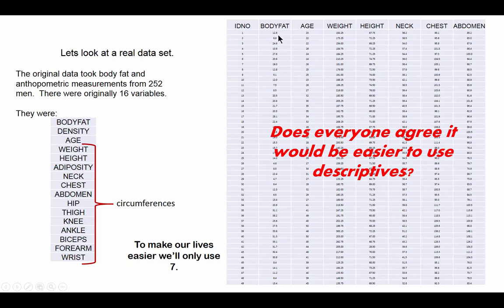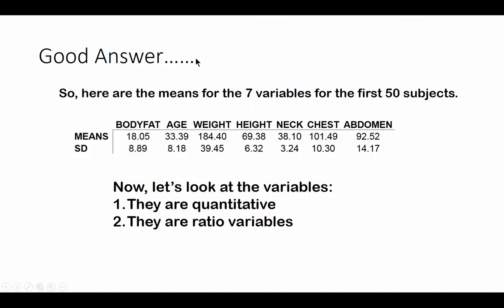Now, for what we want to do, it would be real nice to use descriptives. Remember, we talked about means and standard deviations before. So when we want to get a picture of what these different variables might look like, or we want to talk about body fat in general, then we go to means and standard deviations, which give us a picture of what was the average for the group of 50 people that I told you we're going to analyze, and how did their values spread around that mean.